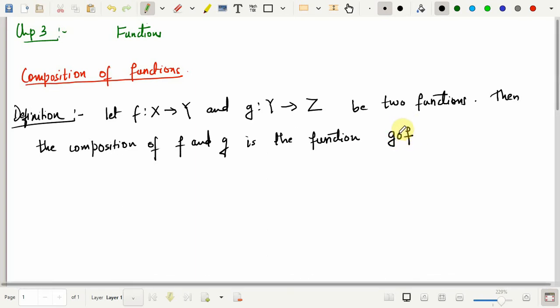So o stands for the composite, and we read it as g composite f.